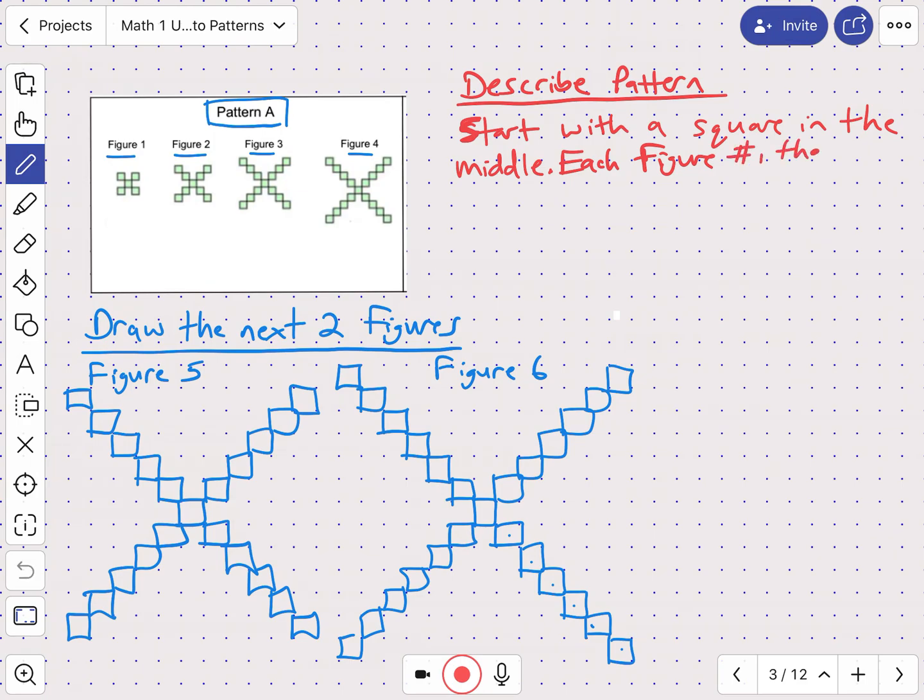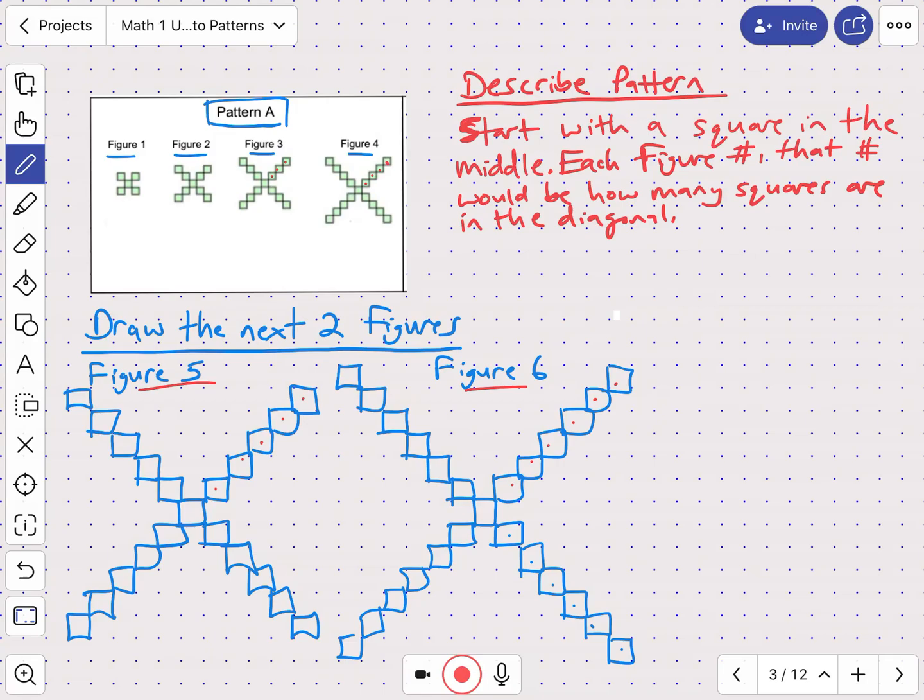So for each figure number, that number would be how many squares are in the diagonal. So with figure 5, 1, 2, 3, 4, 5. Figure 6, 1, 2, 3, 4, 5, 6. Figure 4, 1, 2, 3, 4. Figure 3, 1, 2, 3, and so on.